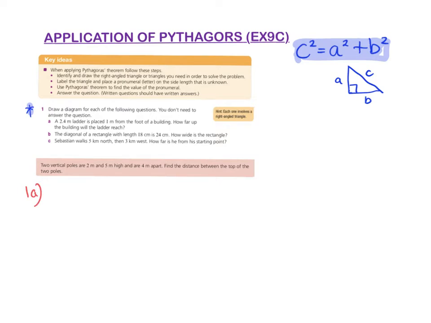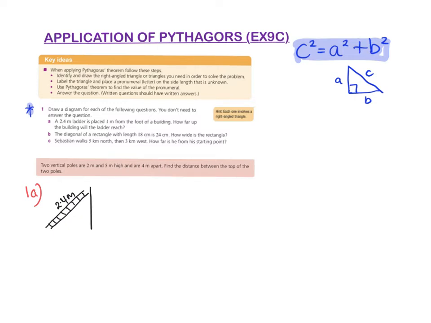It says, a 2.4 metre ladder is placed 1 metre from the foot of a building. So what I'm going to draw is a ladder, and it's 2.4 metres and it's placed 1 metre from the foot of the building.